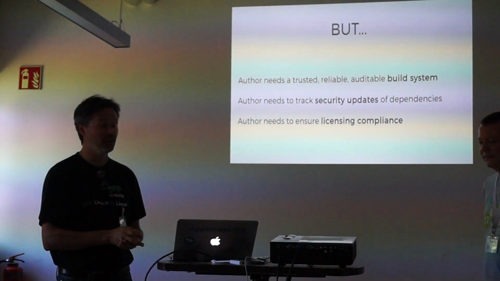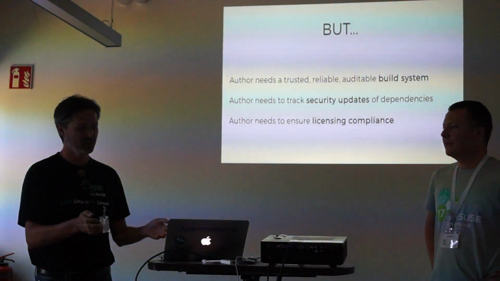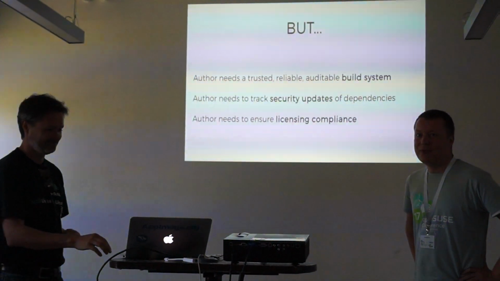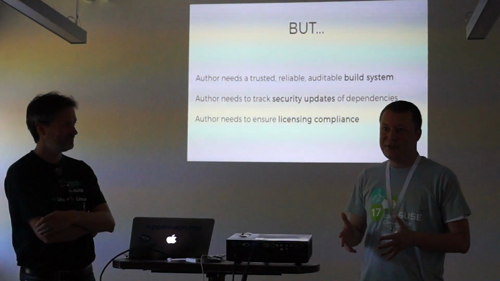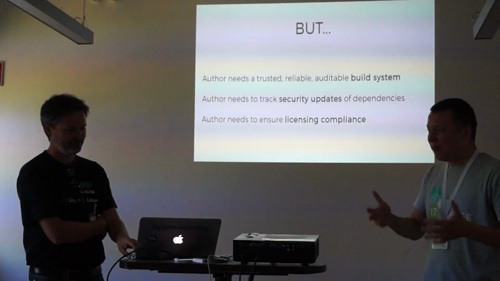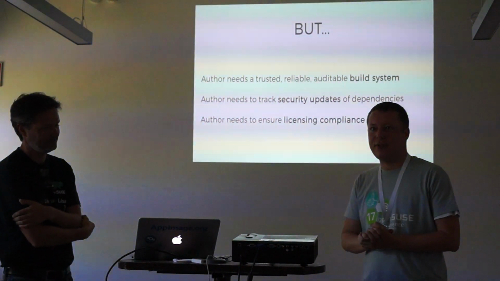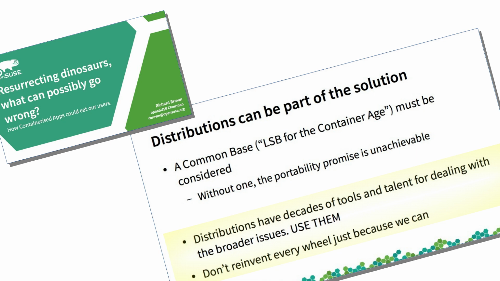You have no clue how he built it, what he put inside, where the stuff comes from. So this guy who has put Samba inside his AppImage now really has the burden of updating this and tracking all the security issues and legal issues and so forth. And this is where a distribution has actually solved all these issues, but now it would be cool if the person putting together the AppImage could make use of that.